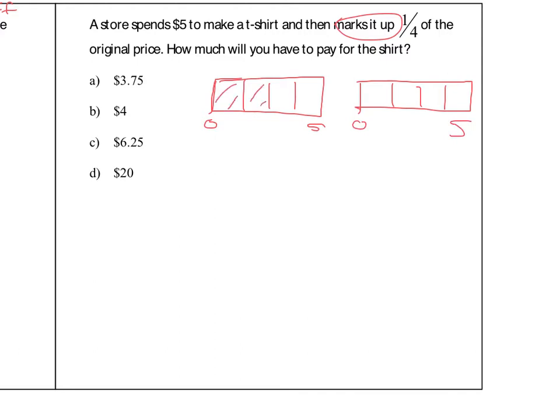So we've got these 4/4 I'm still paying, but I'm also paying an additional 1/4. So that gives me a total of 5/4 of $5, which is equal to 25 over 4, which is equal to 6.25.